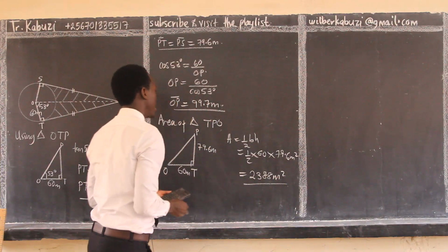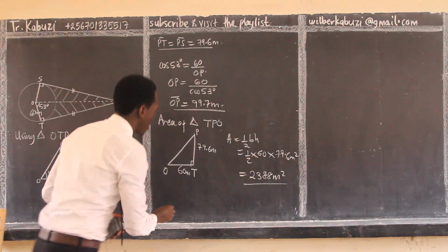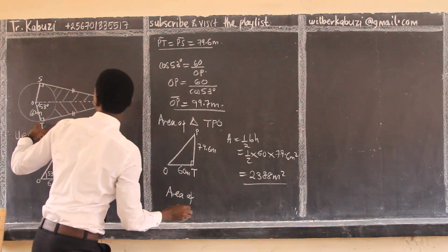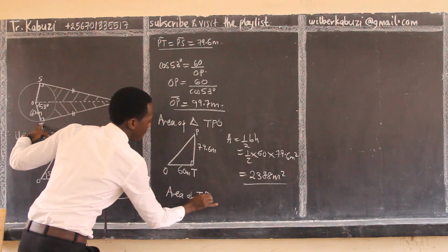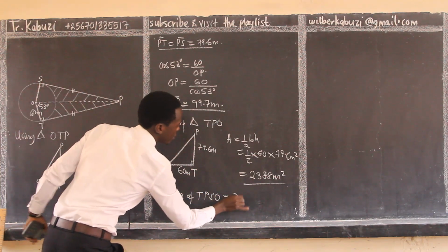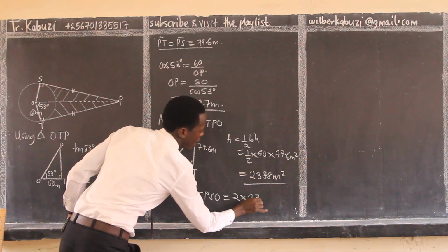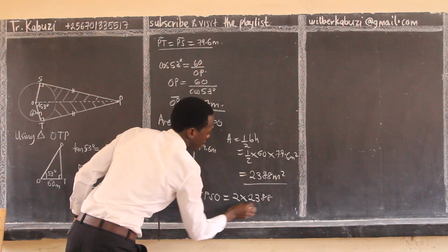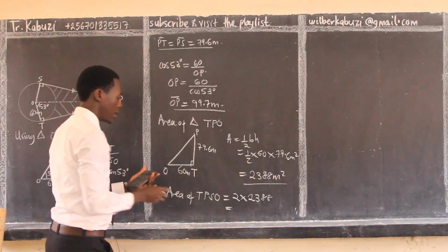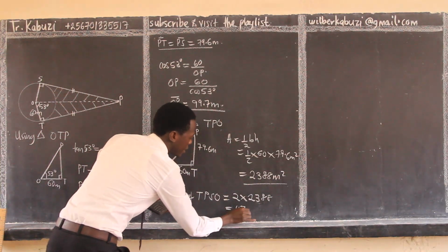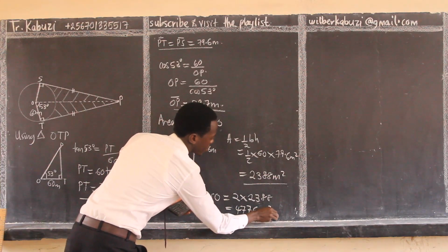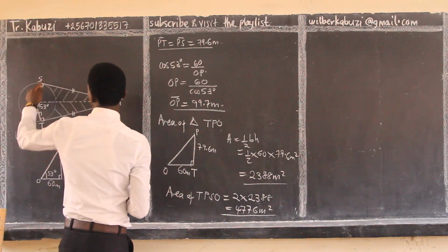So the area of TPSO will be 2 times this area, 2,388, which will be 4,776 meters squared. That's the area of the whole of this.